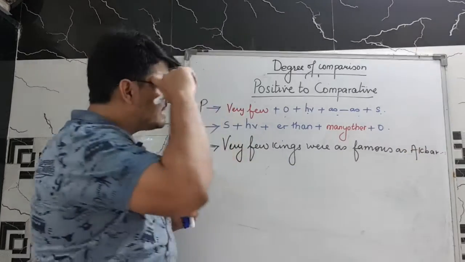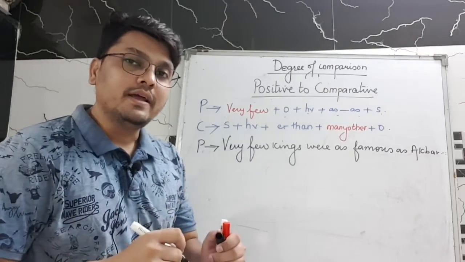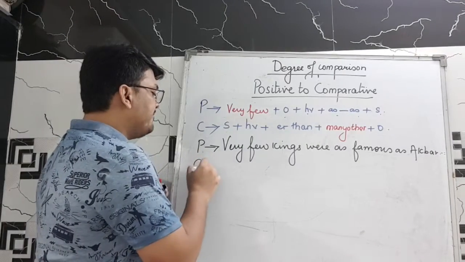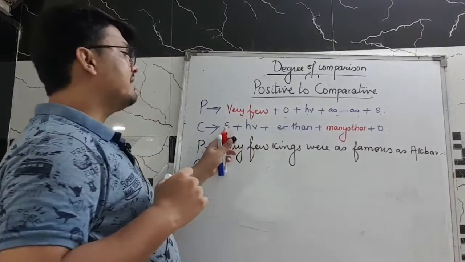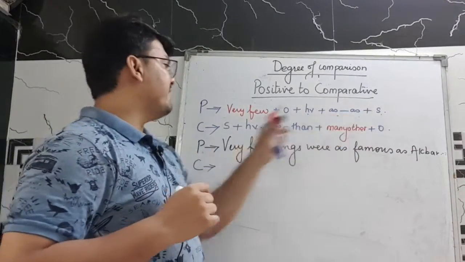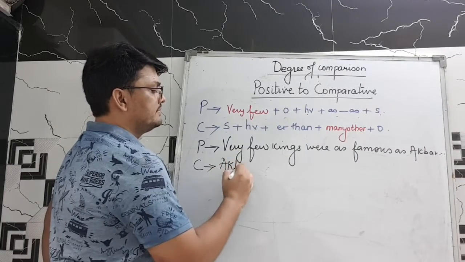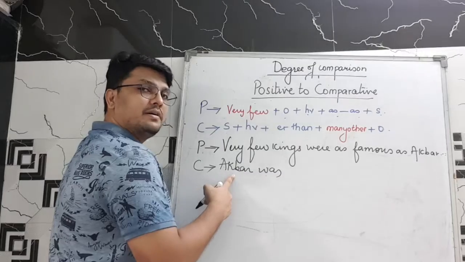So now students, you can see this positive degree has started with very few. So the comparative form of this type of positive degree, same, the subject will come here in the beginning. So Akbar will come here. So Akbar was, because Akbar is singular.